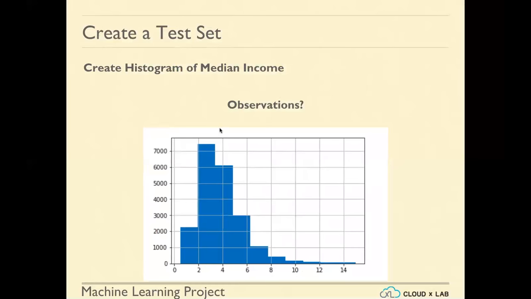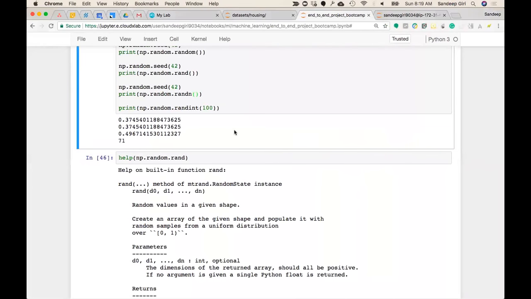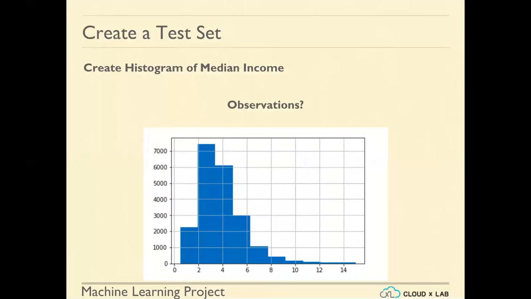Now, what are your observations with respect to this histogram of median income? Yes, it is right skewed. What else do you see here?